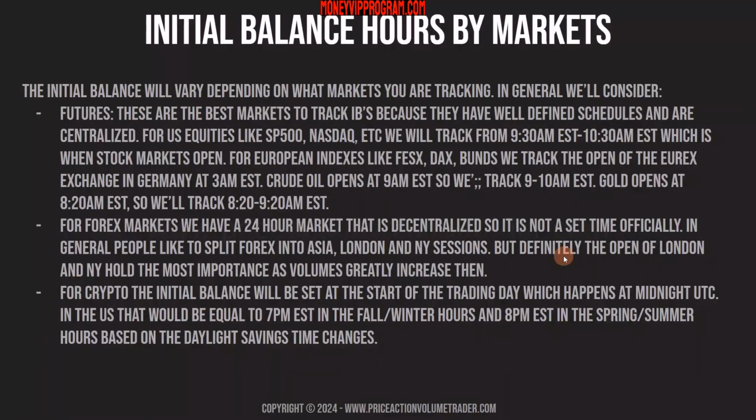Now, depending on what markets you trade, you're going to be tracking initial balances in different ways. The general rule for futures, which in my opinion are the best markets to track initial balances, is that they have well-defined schedules and they're centralized, meaning we're going to get all the precise volume and trading data coming in.